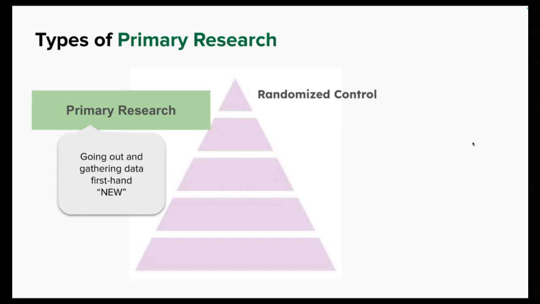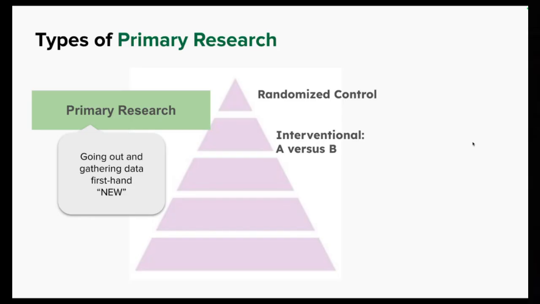And at the top of our primary research pyramid, we have the most rigorous type of primary research, randomized control trials. And then as we go down the pyramid, just like we did in our secondary research pyramid, and we will review that in a second, that recipe to conduct this type of research loosens up a little bit, meaning the researcher gets to choose a little bit more how the experiment is set up.